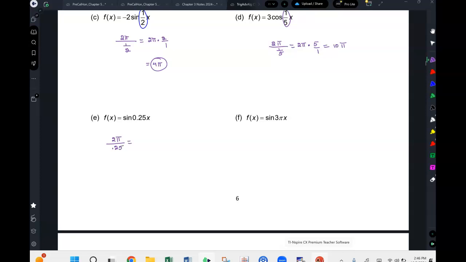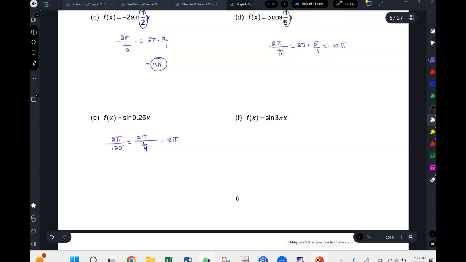We can't have a decimal inside a fraction. But we know that 0.25 is 1/4. So this will just be 8 pi. Do not put all this in your calculator and do 8 times pi and get like 26.3 or something. This is not what we're doing. We're leaving it in terms of pi.